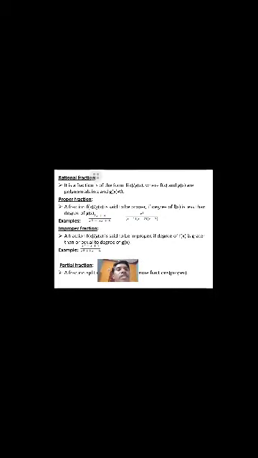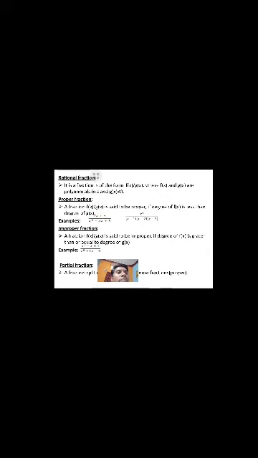Next, rational fractions, which we already learned. If it is p by q, here we are discussing polynomials. So if the expression is f of x by g of x, then it is a rational fraction. A proper fraction means a fraction containing a numerator and denominator where the degree of the numerator polynomial is less than the degree of the denominator.